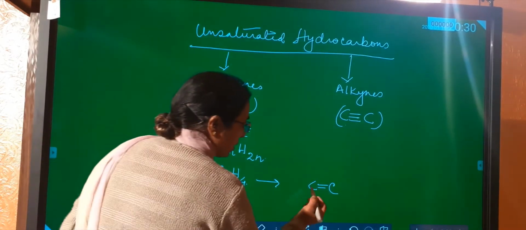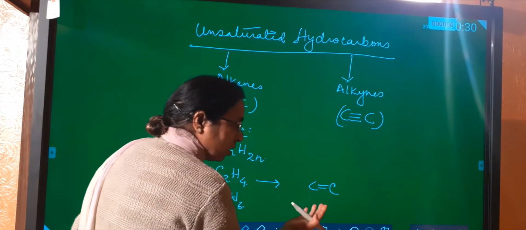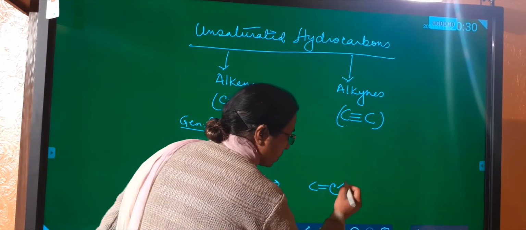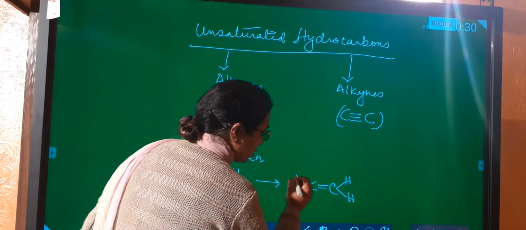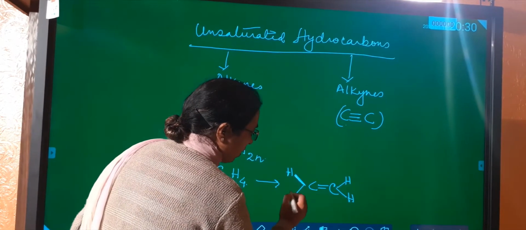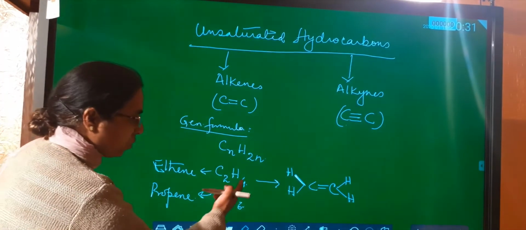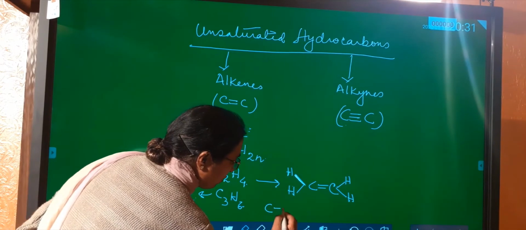So when it is a C=C double bond, we have to comply with the tetravalency of carbon. So one hydrogen over here, another hydrogen over here. Similarly, one hydrogen over here, another hydrogen over here, and this becomes C2H4. Similarly, if it is C3H6, then what will we make?